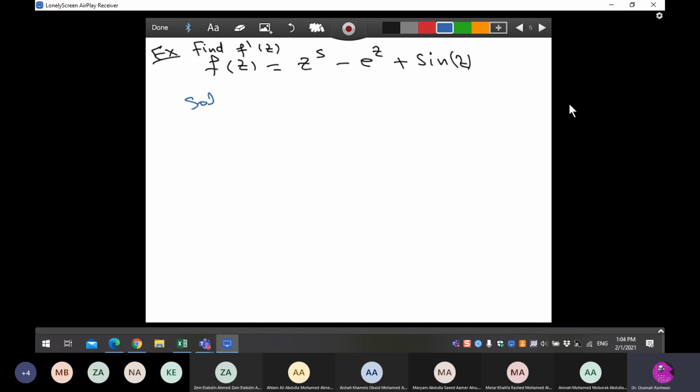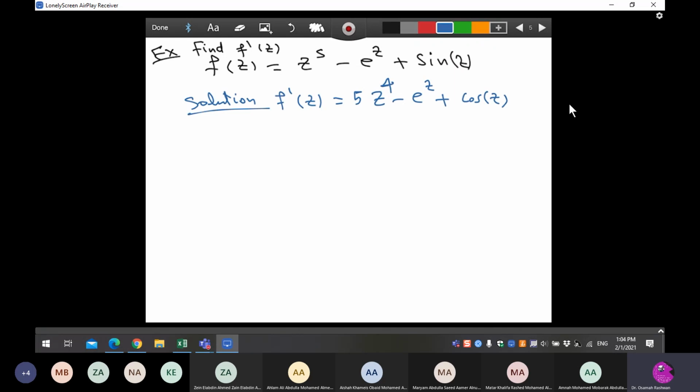As I said, it will follow the same rule as a real function, so it will be 5 z to the power 4 minus e to the z plus cosine z. I finish.